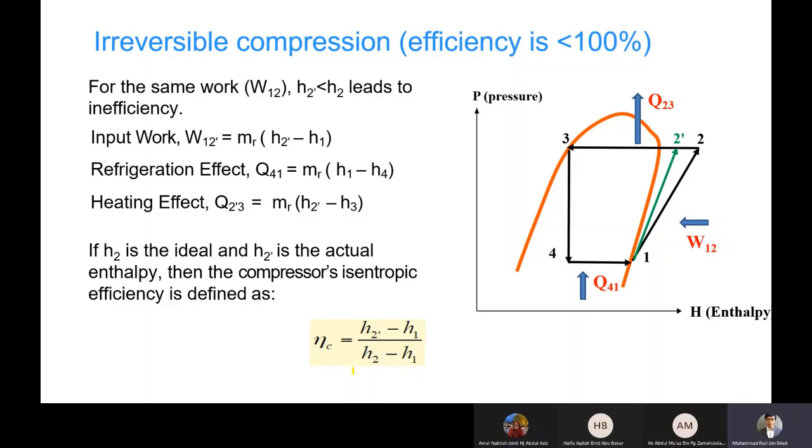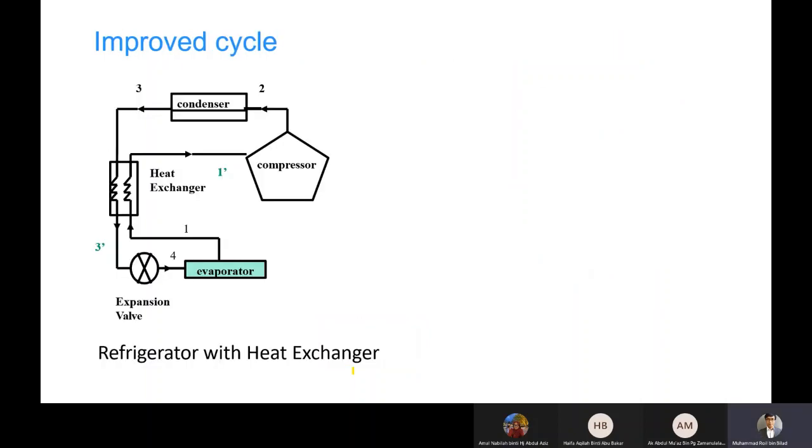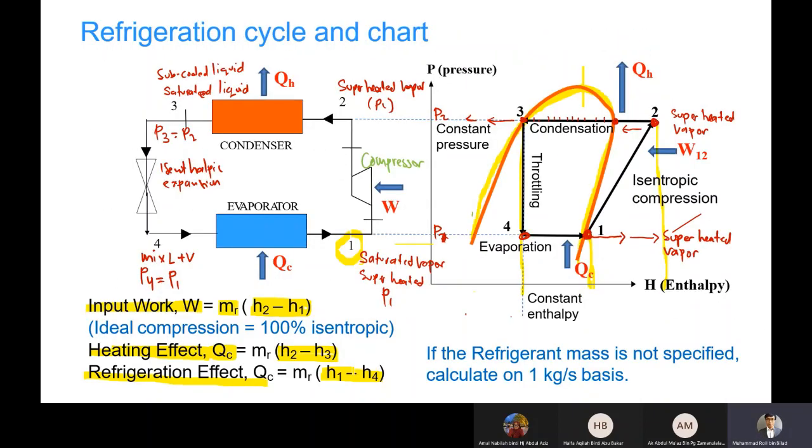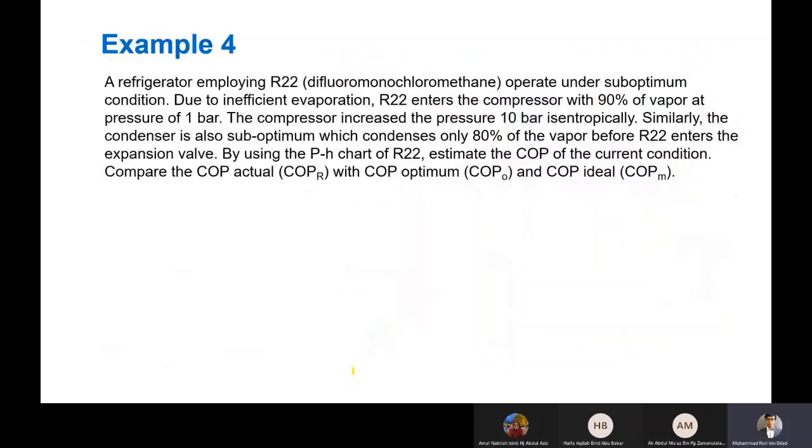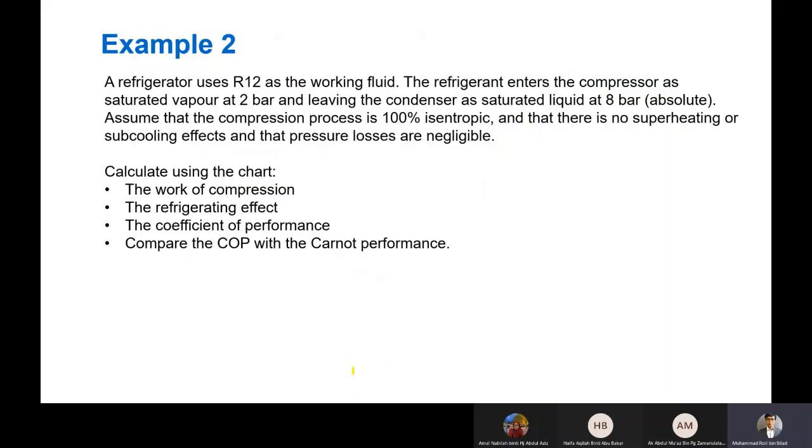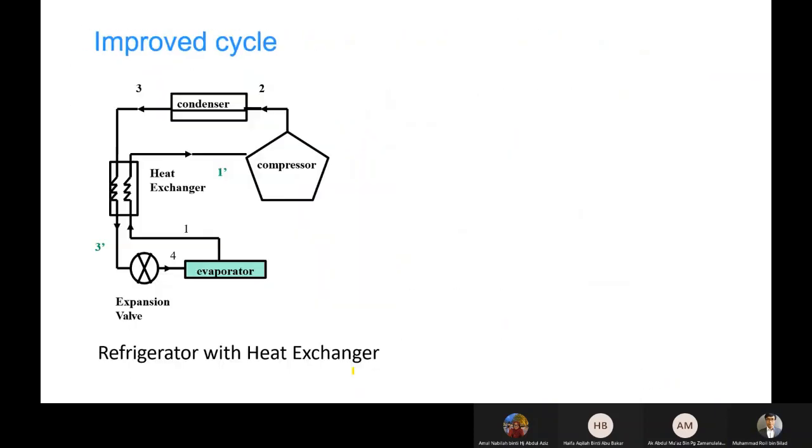Here I will skip one. This is the basic cycle. You can always improve it.